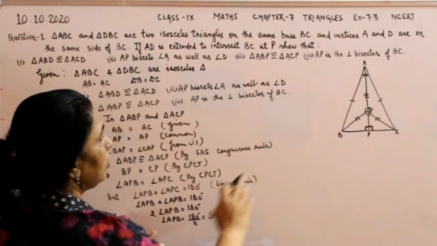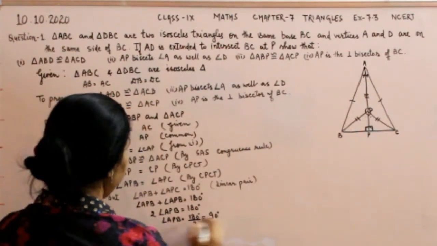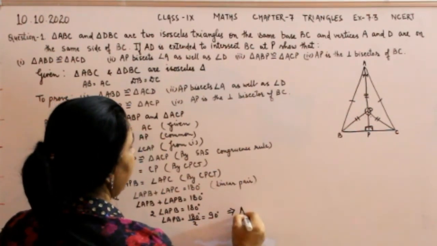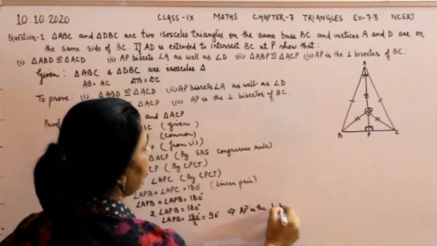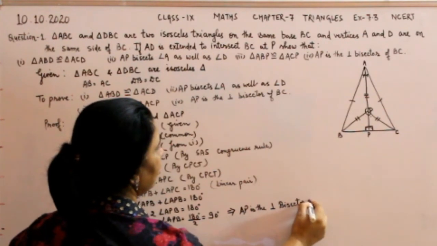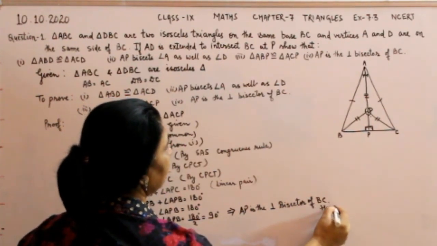This shows that AP is the perpendicular bisector of BC. Hence, proved.